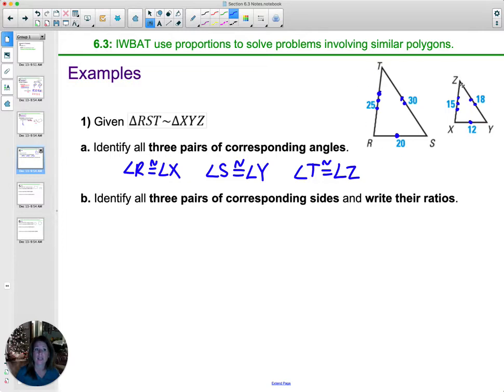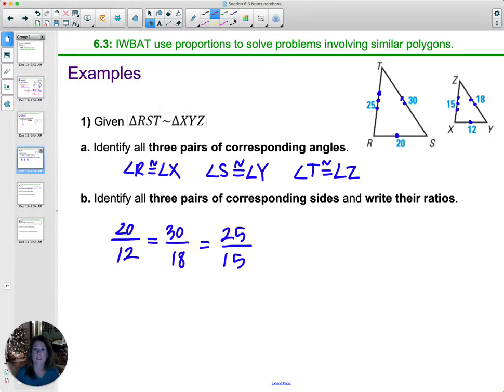We've already identified the corresponding sides up here, so now we just have to write them in ratio form. We're going to take the 20 from the left shape compared to the 12 in the right shape. Then 30 with 18, and 25 with 15.